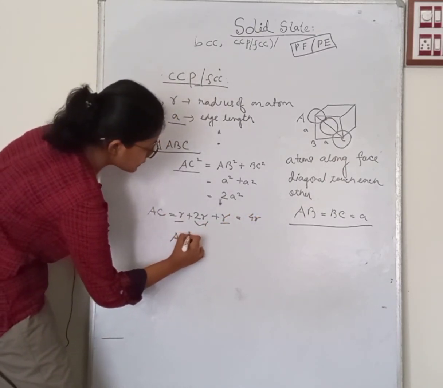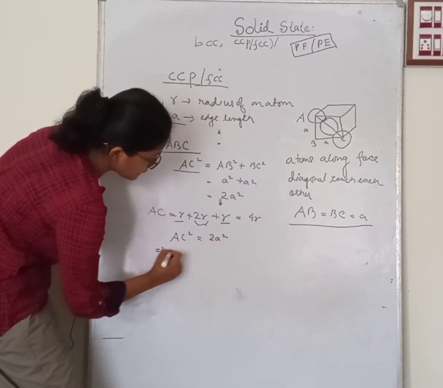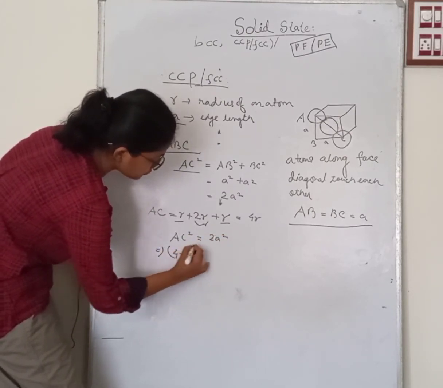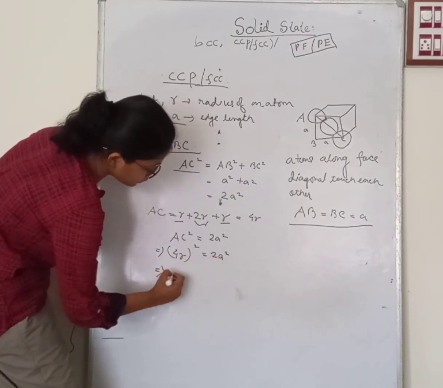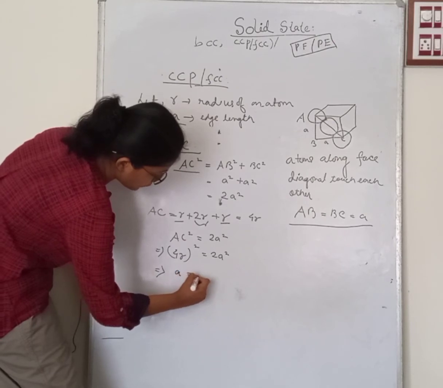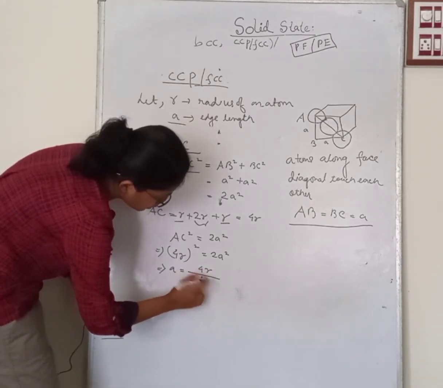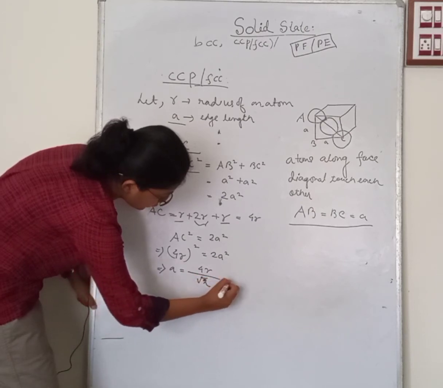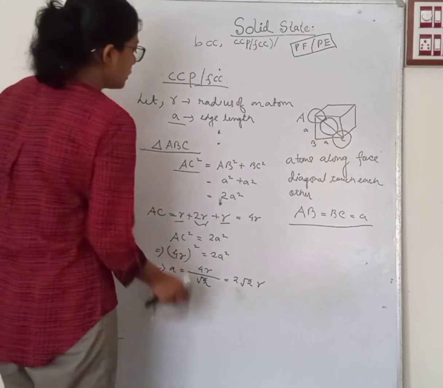Therefore, AC square is equal to 2a square. It implies 4r whole square is equal to 2a square, so a is equal to 4r by root 2, which is 2 root 2 r.